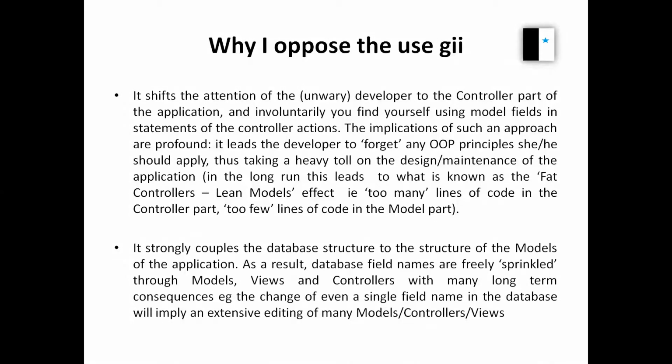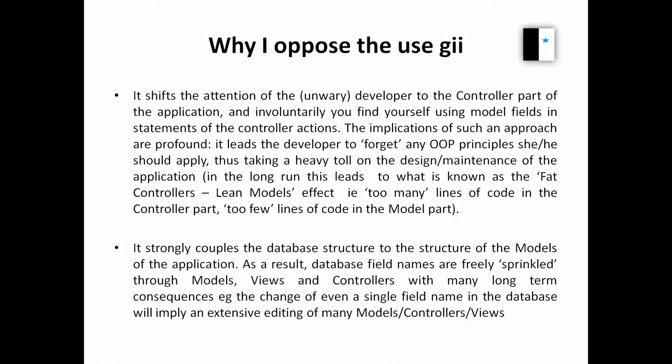It leads the developer to forget any object-oriented programming principles he should apply, thus taking a heavy toll on the design and maintenance of the application. And in the long run, this leads to what is known as the fat controller lean models effect. In a sense, too many lines of code in the controller part, too few lines of code in the model part.